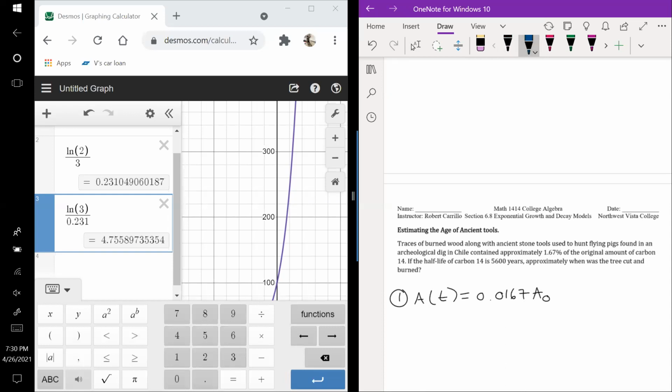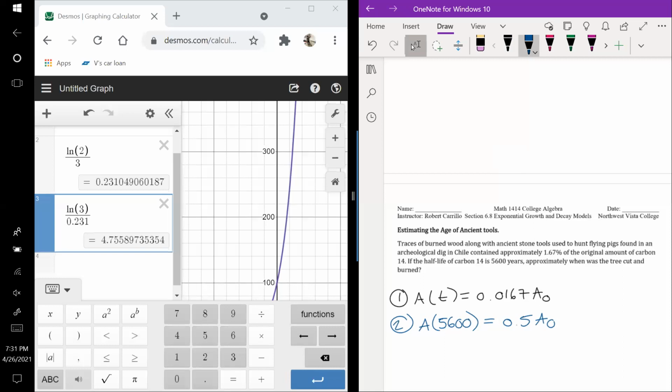And then clue 2 says that the half-life of carbon-14 is 5,600 years. So this means that after 5,600 years, there was half of the original amount left of carbon-14. Okay, so we are going to use these clues to find out how old these ancient tools are.